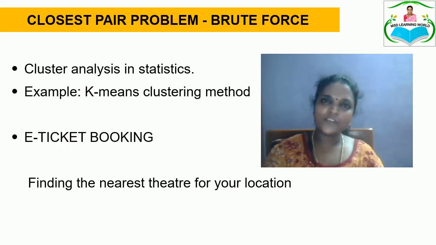The main application of the closest pair problem is in clustering algorithms. Clustering is majorly used in data mining and machine learning applications. Clustering is a process of collecting the objects which are close to each other, which have a small distance. They are said to be neighbors.